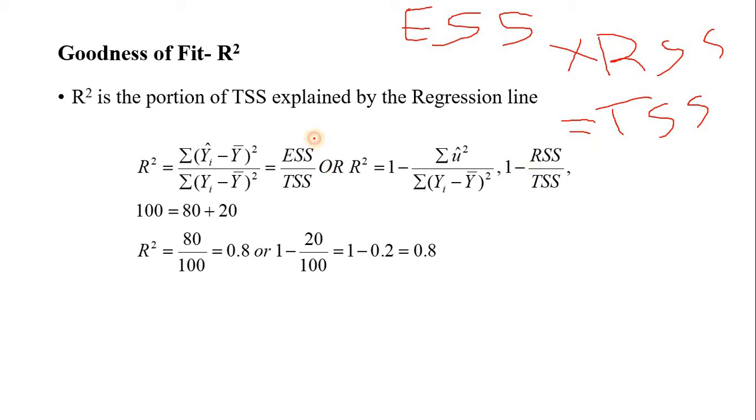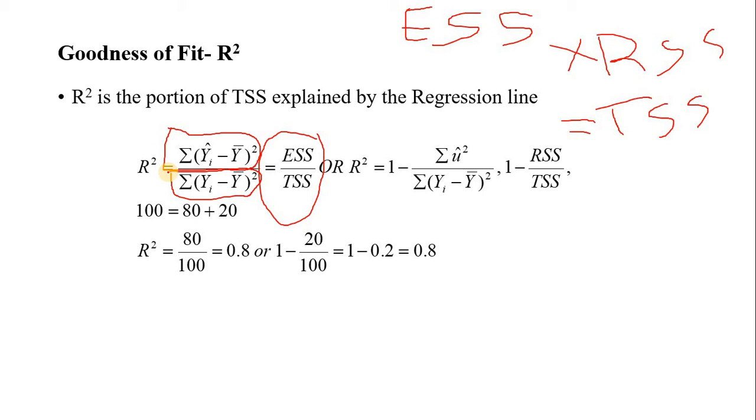It will be ESS divided by TSS. ESS means sigma (y cap minus y bar) square. TSS is sigma (yi minus y bar) square.